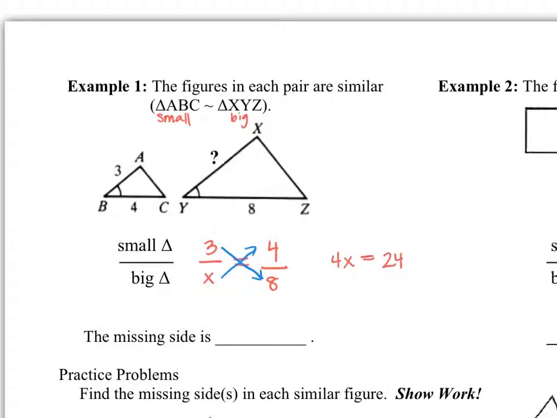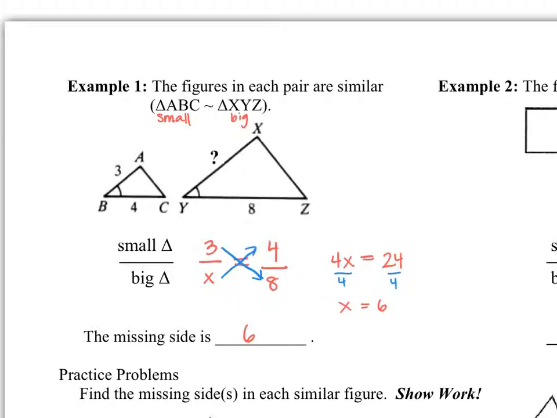We call this cross multiplying, and I only need to do one step from there. If I divide both sides by 4, I get X equals 6. Therefore, the missing side is 6. This is the algebraic way of figuring out that missing side. There are other ways. If you want to show some work and figure out a different way, totally fine. But this is how we set up our proportion, and then we solve the proportion.